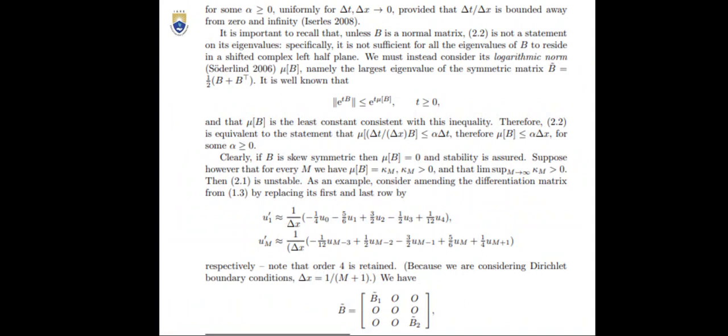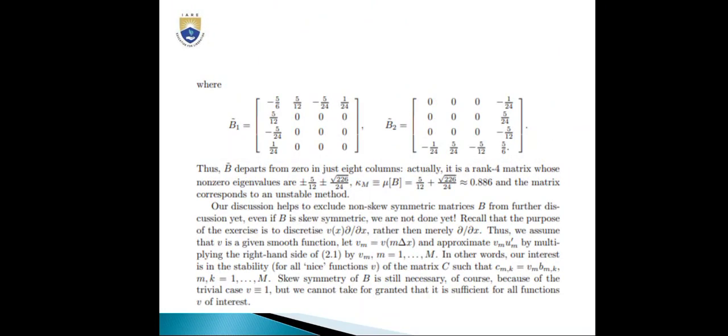We have, therefore, B̄ = diag(B̄_1, 0, B̄_2), where B̄_1 is the matrix with rows (−5/6, 5/12, −5/24, 1/24), (5/12, 0, 0, 0), (−5/24, 0, 0, 0), (1/24, 0, 0, 0), and B̄_2 is the reverse of B̄_1, with rows (0, 0, 0, −1/24), (0, 0, 0, 5/24), (0, 0, 0, −5/12), (−1/24, 5/24, −5/12, 5/6).